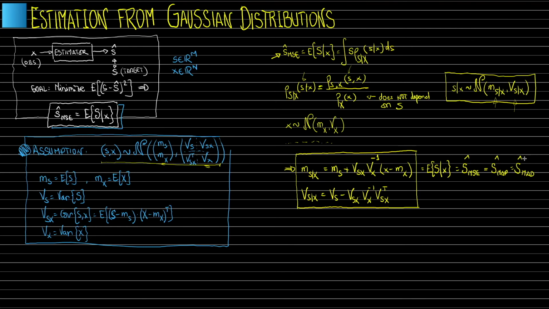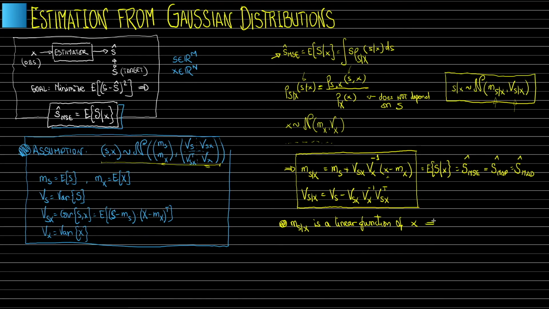Okay. Another interesting consequence of this expression is that MS given X is a linear function of X. Looking at this formula, it depends on several parameters, but as a function of X, this is a linear function.